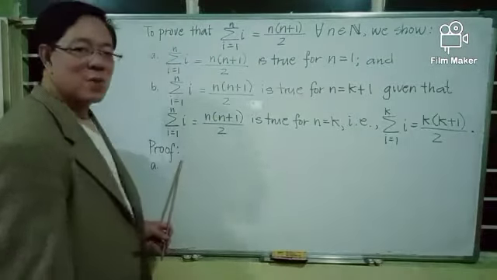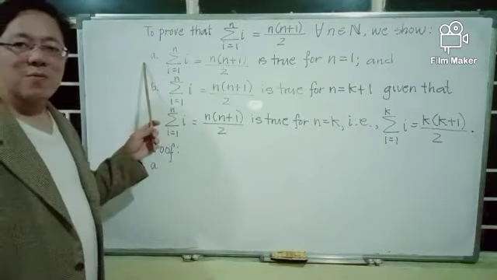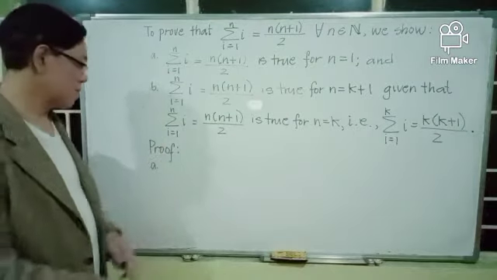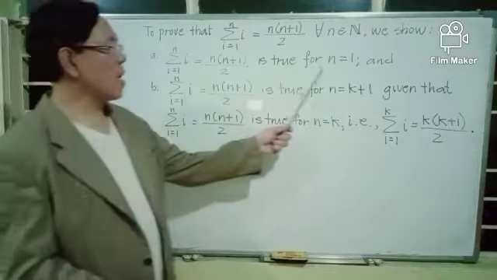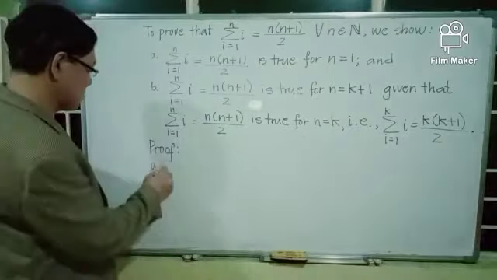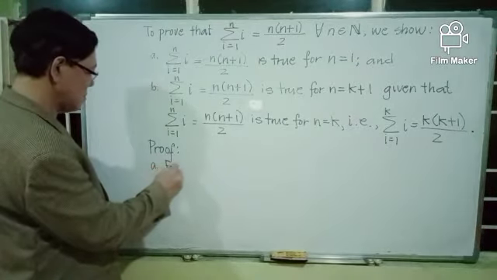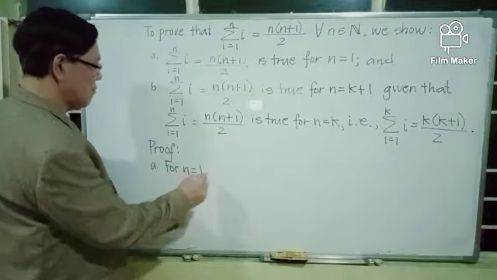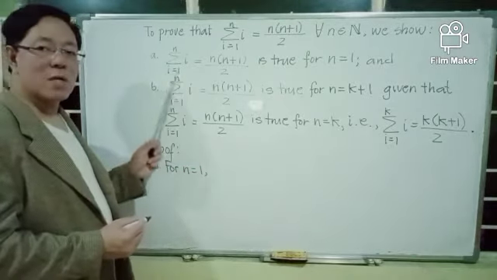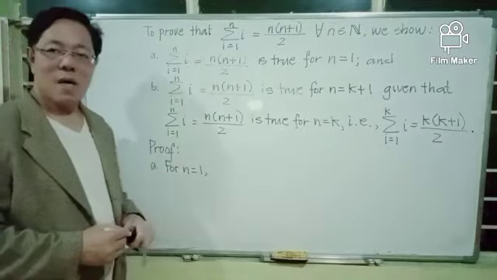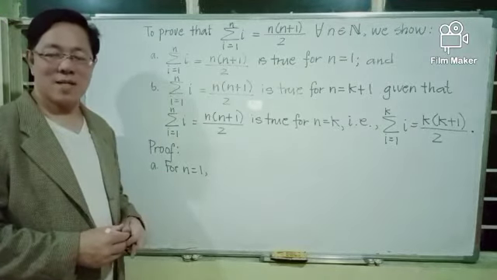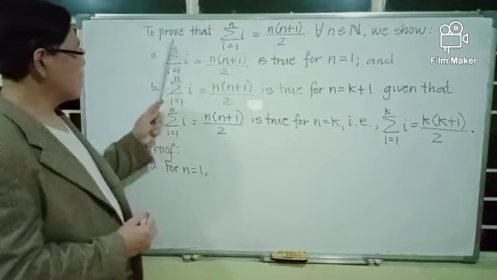So we now proceed with the first part of the proof by mathematical induction. We take n equals 1. For n equals 1, we must show that this equation or statement is satisfied, is true. We start from the left-hand side.